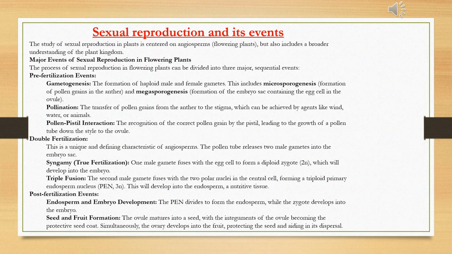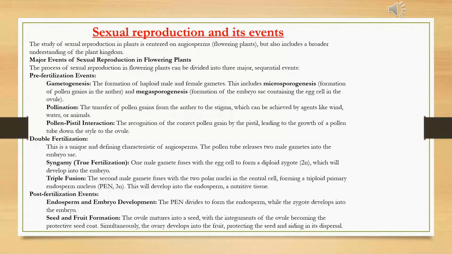Now here we see the first point, that is syngamy. Syngamy is also called true fertilization. One male gamete fuses with the egg cell to form a diploid zygote, which will develop into an embryo. Now, the triple fusion.